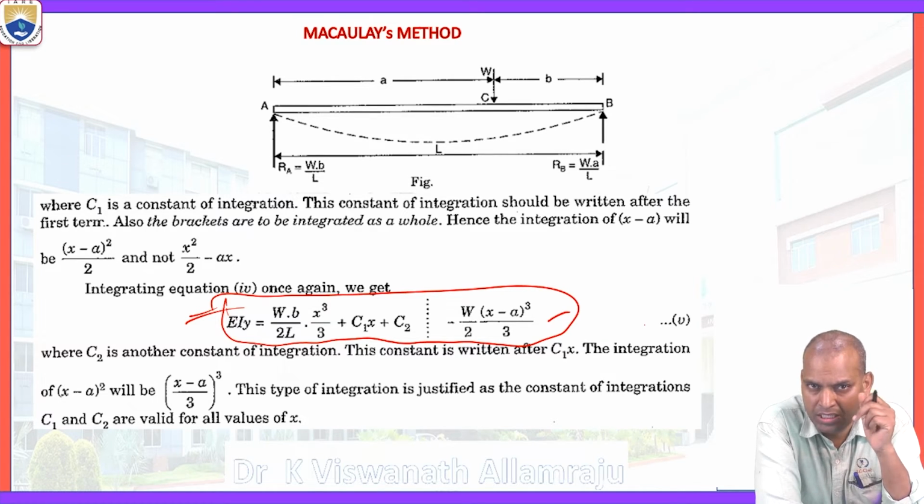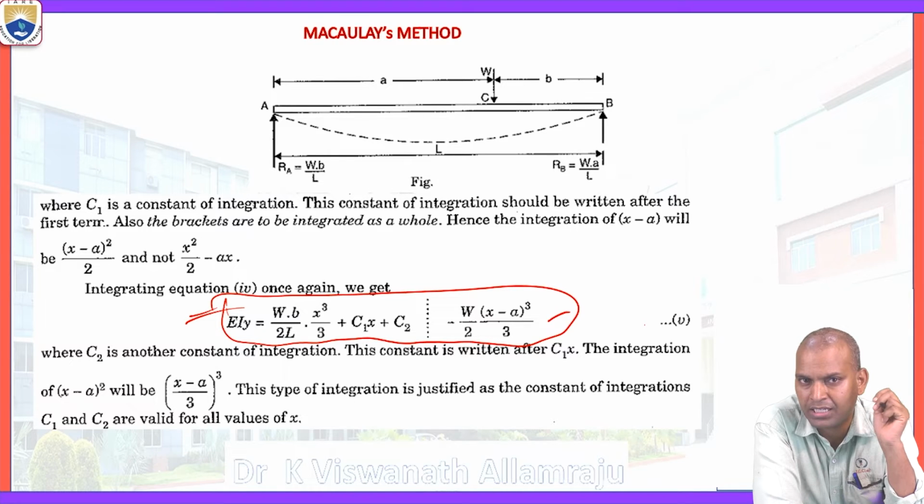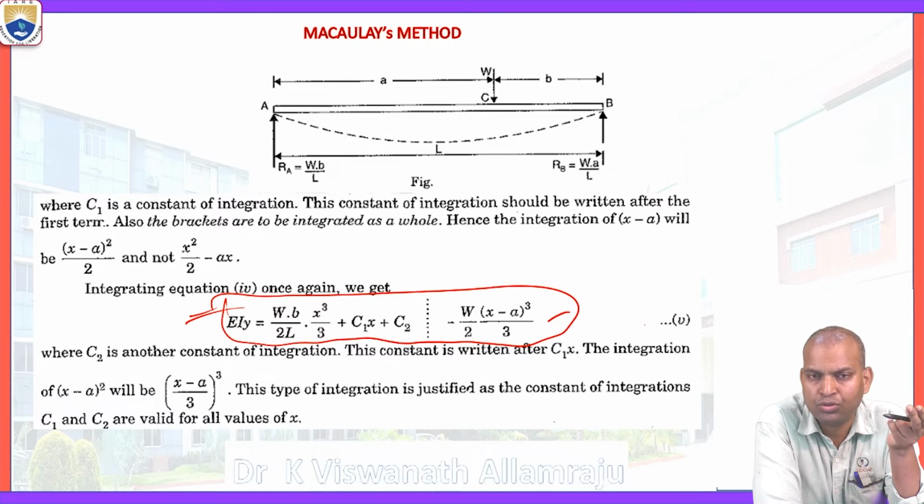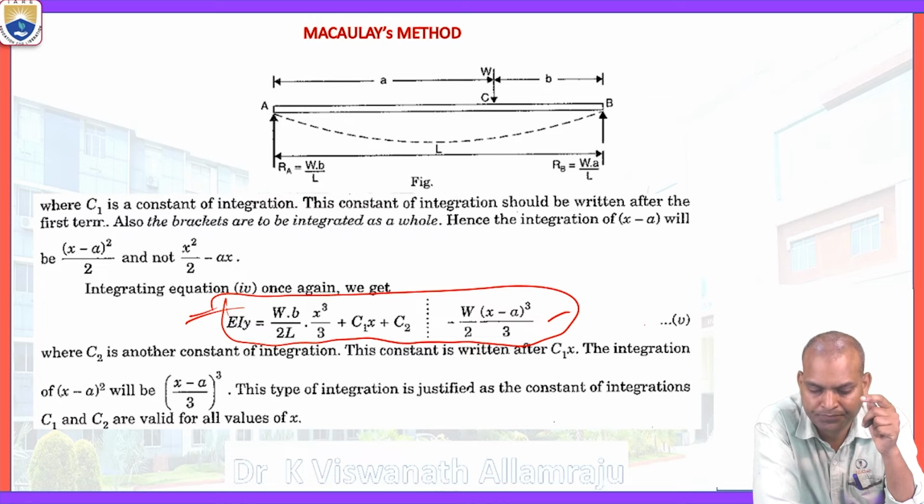The deflection equation consists of two constants of integration, which can be calculated using two boundary conditions. After calculating them, substitute back into the slope and deflection equations. Those are generic equations. If you substitute x from 0 to the span length L, we get the slope and deflection throughout the span of the beam.